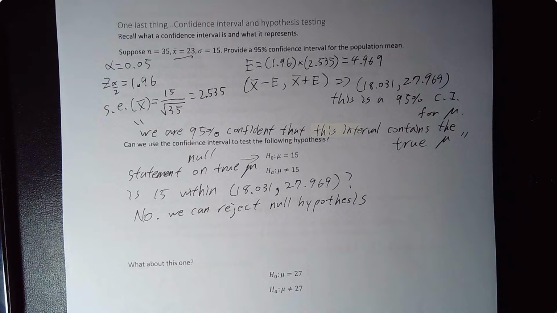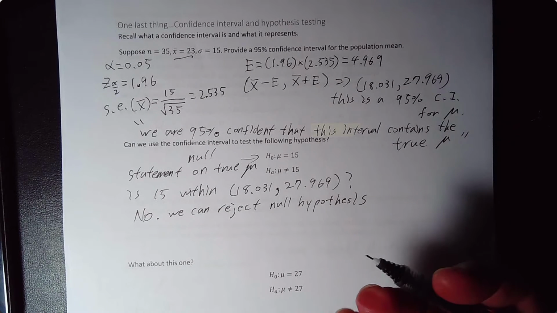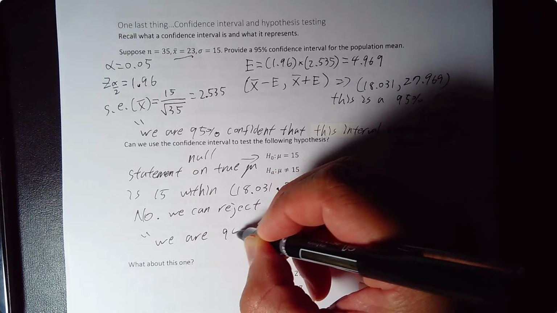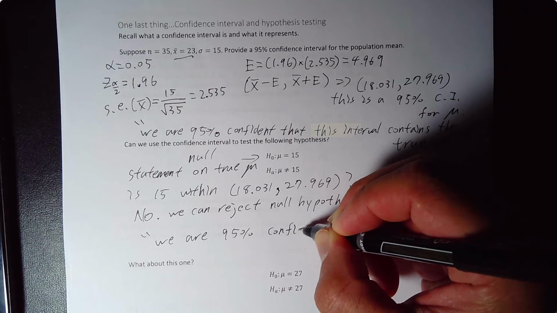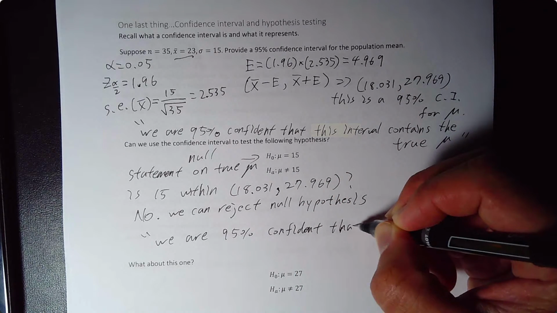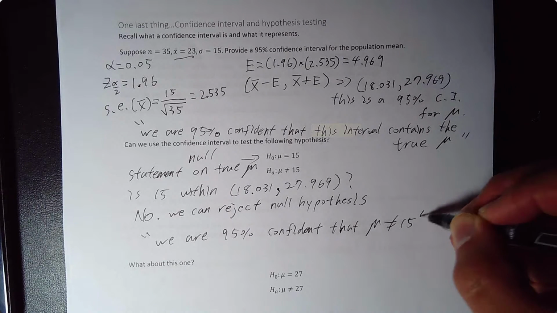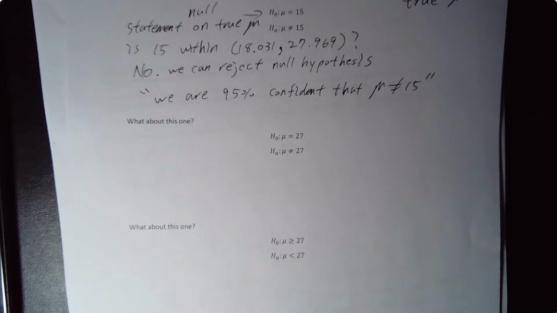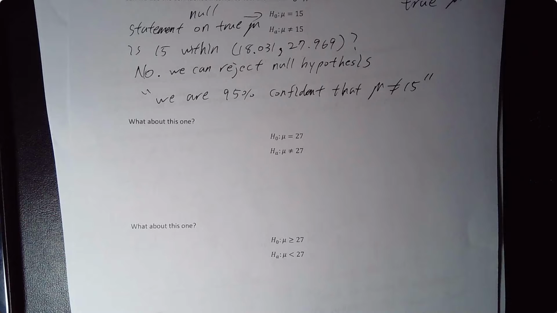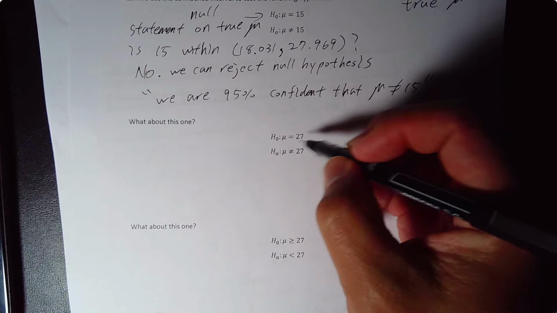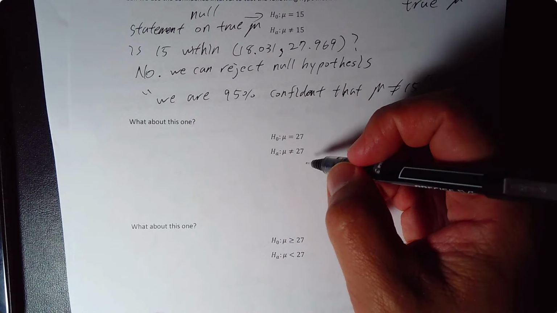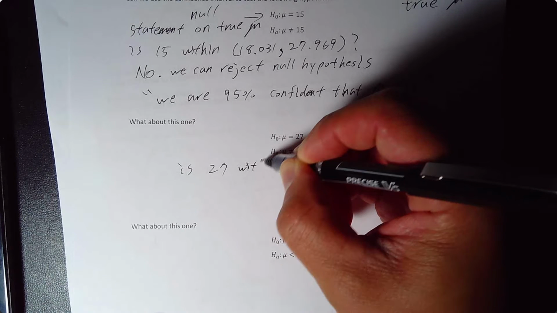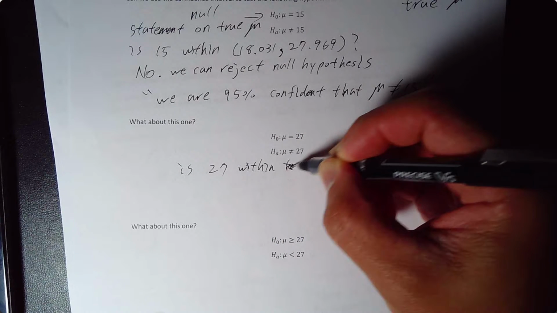We are 95% confident that mu does not equal 15. Okay. Now, what about this one? Can I use the interval to test this hypothesis? Yes. This is a two-tailed test, and so is 27 within the interval?